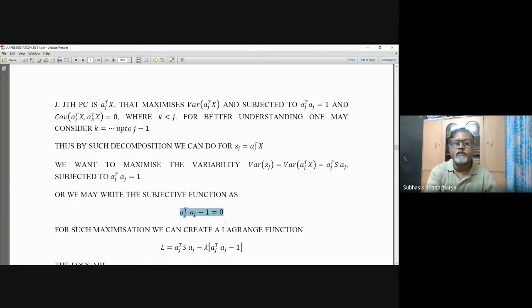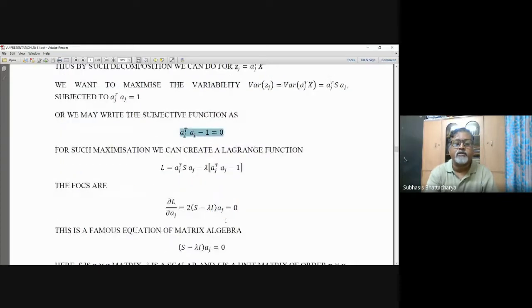Those of you from economics or geography know how to solve maximization problems, and we use the Lagrange function. That means we combine the variance and the constraint simultaneously, and this is done by the formation of the specific Lagrange.